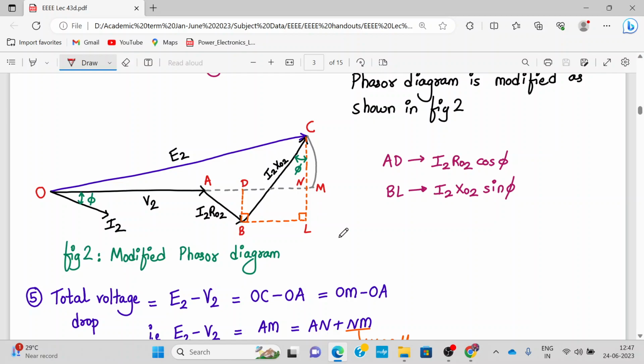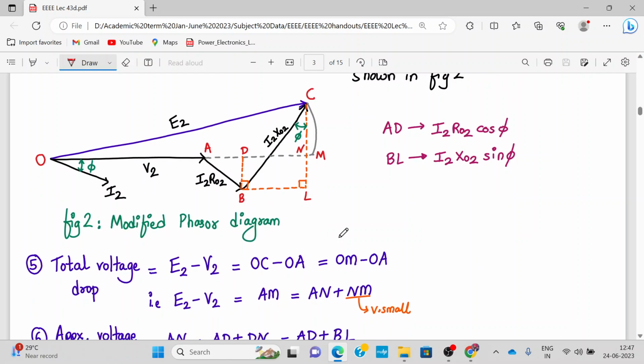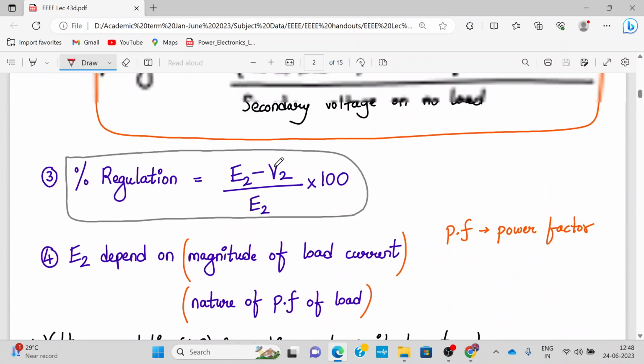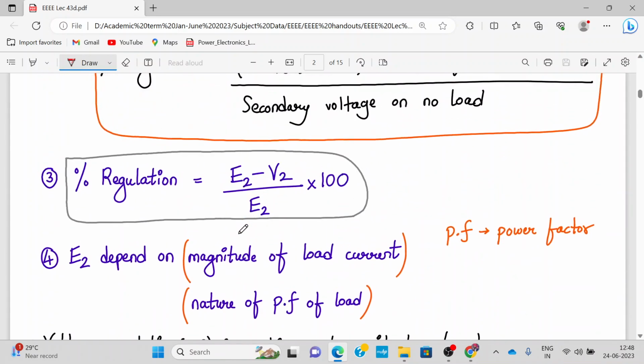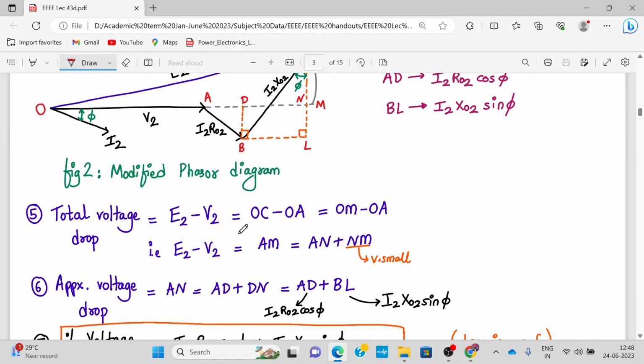From the geometry, we will find the value of total percentage regulation. So what's the total voltage drop? Total voltage drop according to the formula is E2 minus V2. So we need to find E2 minus V2.